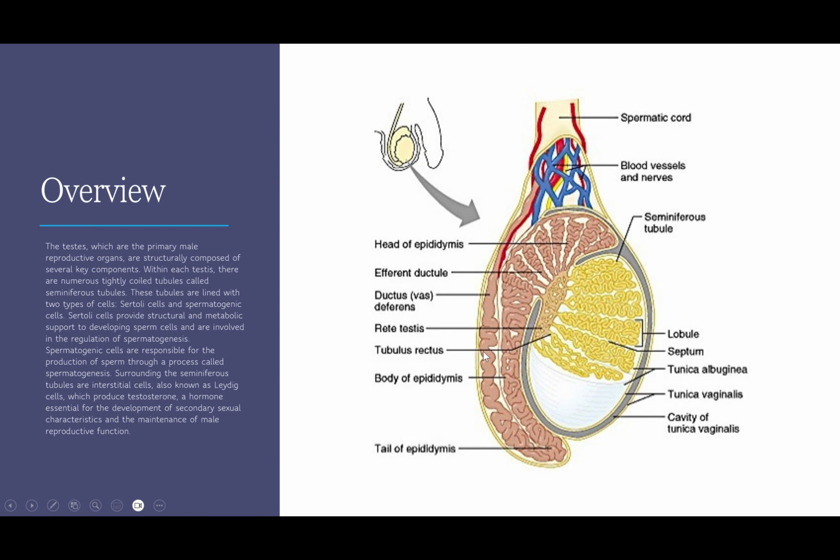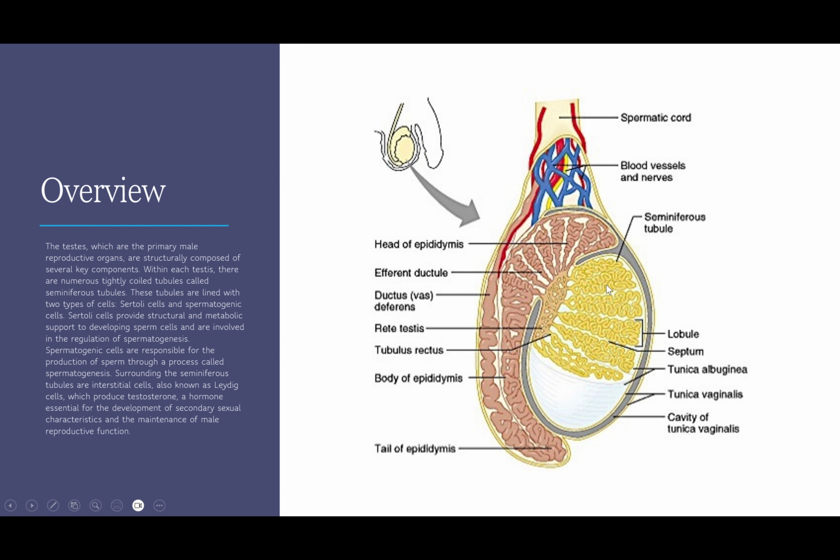Let me say that. Surrounding the seminiferous tubules are interstitial layers of cells, the Leydig cells. I was mixing it up a while ago. So the spermatogenic cells are part of the basal layer, and as you go outside the basal layer, there you have your Leydig cells. Your Leydig cells are the ones that actually create the testosterone.